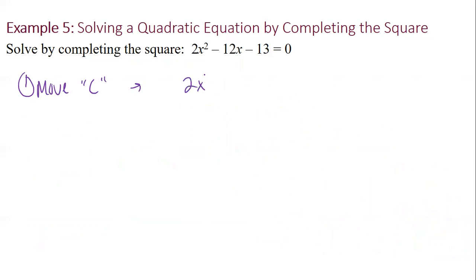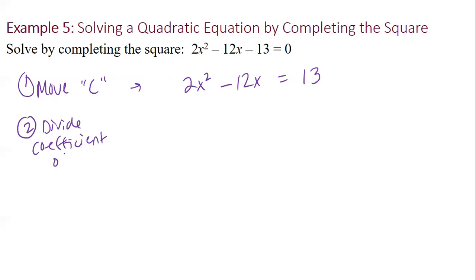So I'm now left with 2x squared minus 12x equals 13. Second step is to divide by the coefficient of a. What is the coefficient? The 2. So I divide everything by 2.